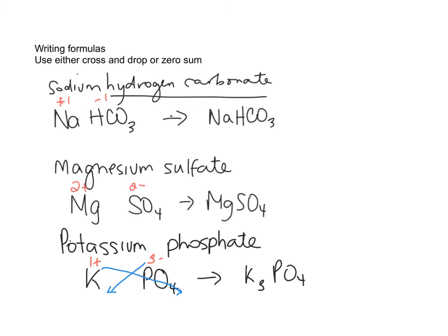And we'll do another one. Okay, ammonium carbonate. So ammonium is not an element, it's a polyatomic ion. So it is NH4.